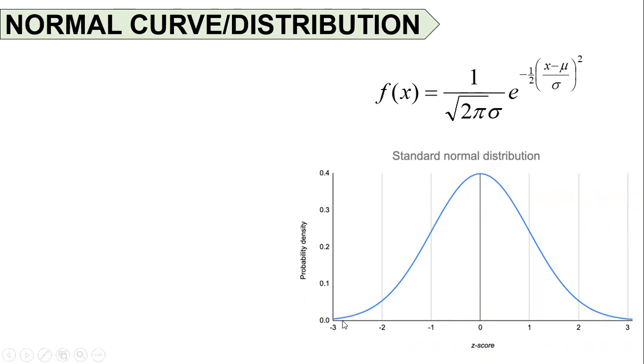And if you could see here in the x-axis, we have the z-scores. So here we have 0, and if you go to the left, we have -1, -2, -3 z-scores, and so on. And you could have 1, 2, 3, and so on. And in the y-axis here, it actually represents the probabilities.